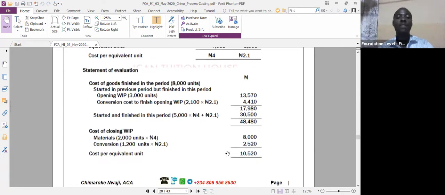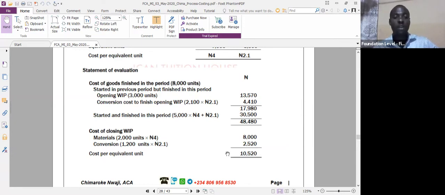Now look at the statement of evaluation. We have started in last period, but finished in this period. We have 3,000 units of that nature. Then we have the cost is 13,570. Saw it in our solution here. Then that is for material.